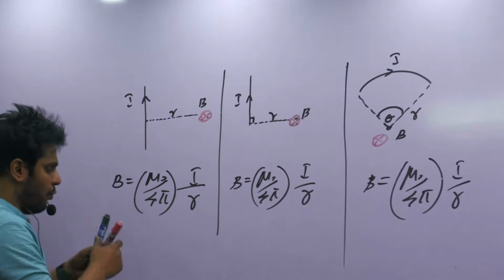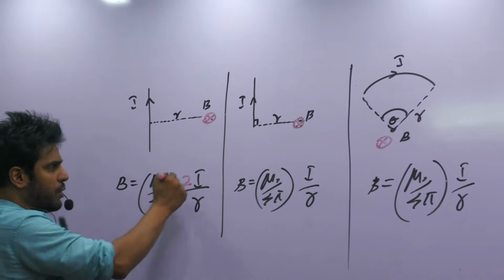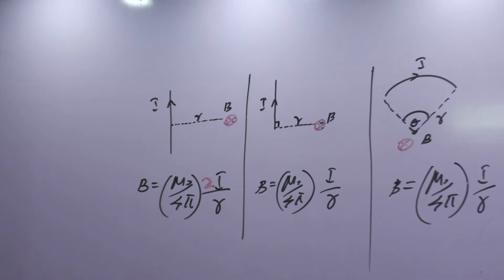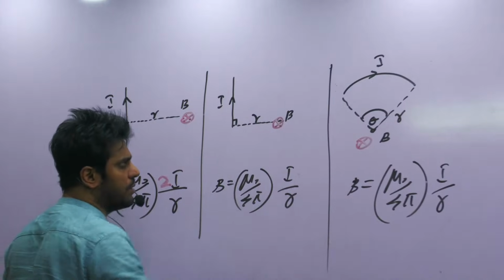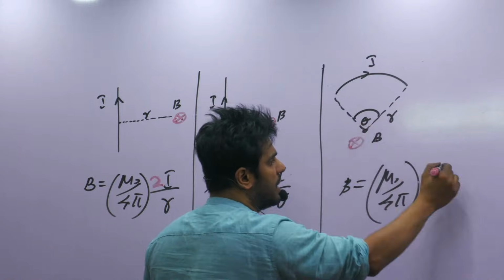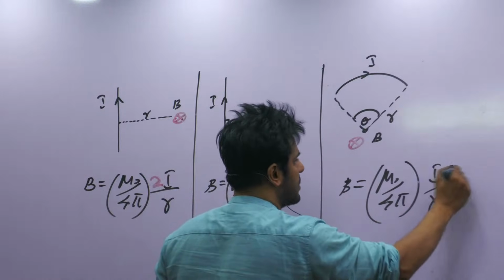When the current exists both sides, it should be multiplied by 2. When it exists on one side, it should be multiplied by 1, no need to write it. When it makes theta at the center, it should be multiplied by theta. So these are the three equations.